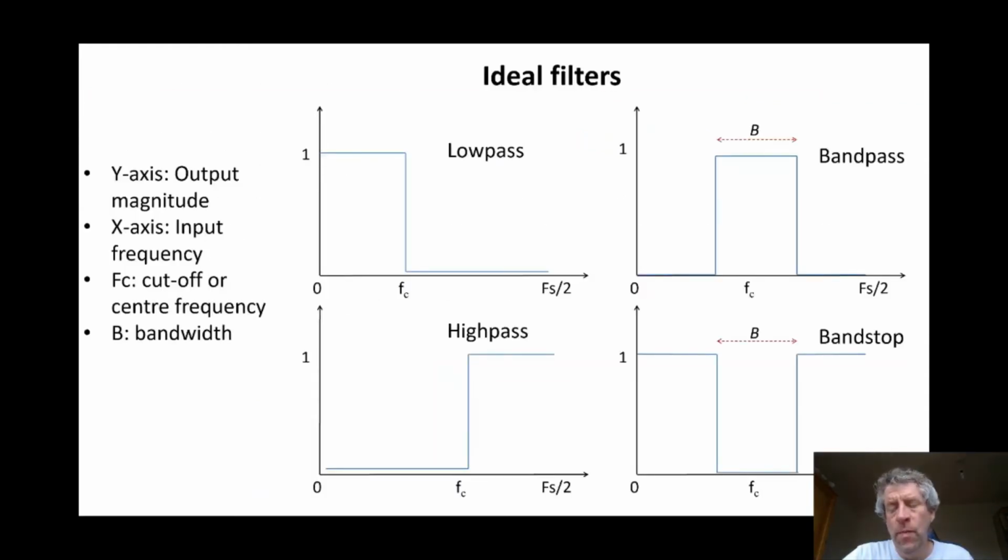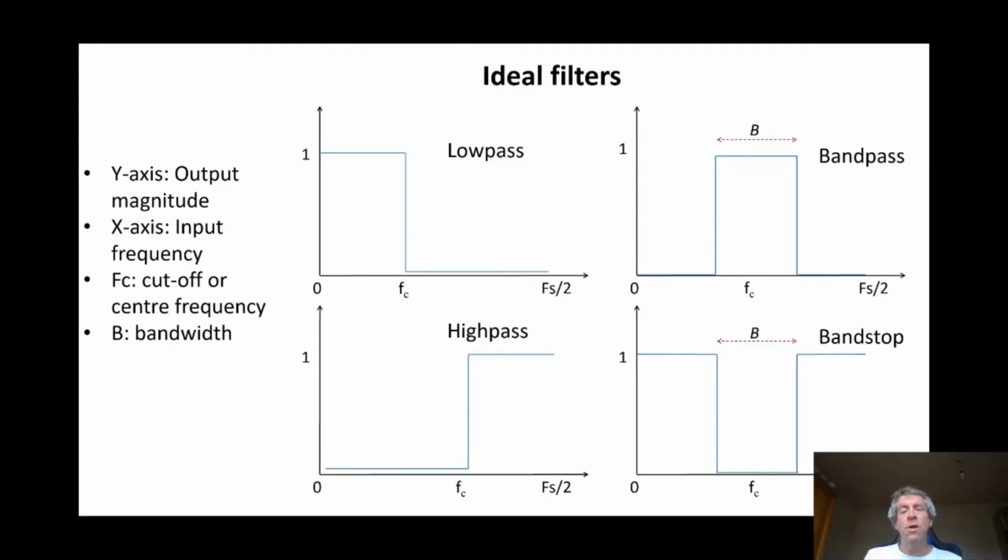So that's the idea of the filters, but there's many different types of filters. Essentially, you can have almost any function between a frequency of 0 and the maximum frequency that can be captured when you're sampling at a particular frequency. You can have any function describing how the magnitude changes or how the phase changes.